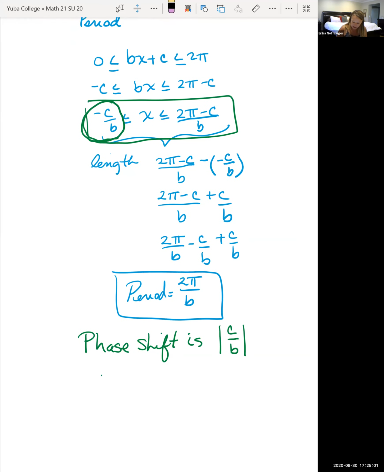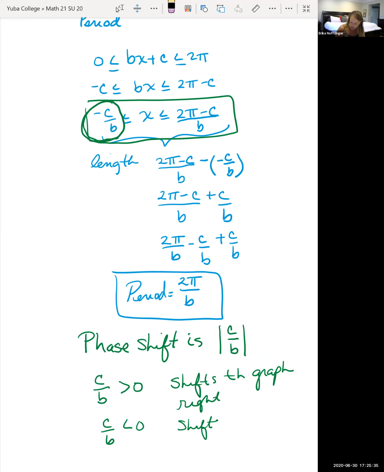If c over b is greater than 0, it's going to shift the graph to the right. If c over b is less than 0, it shifts the graph to the left.